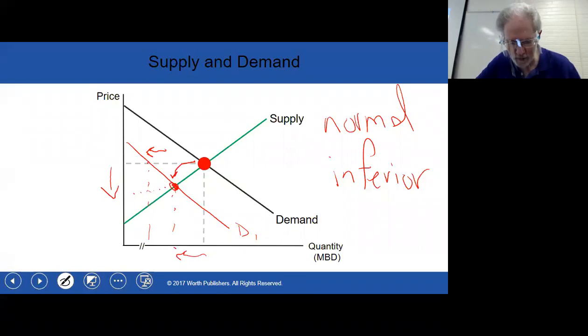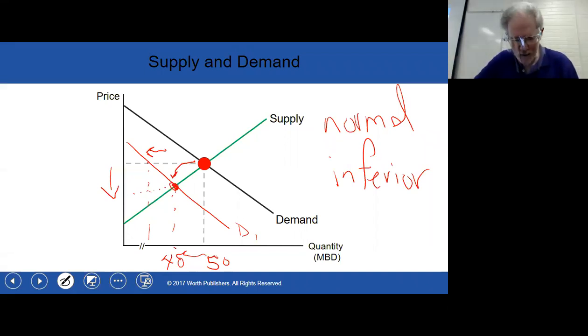What's happened to quantity supply? Quantity supply has also gone down. Let's say it's 50 million cars before, and it goes down to 40 million. We were in equilibrium at 50 million. So quantity demanded and quantity supplied were both 50.